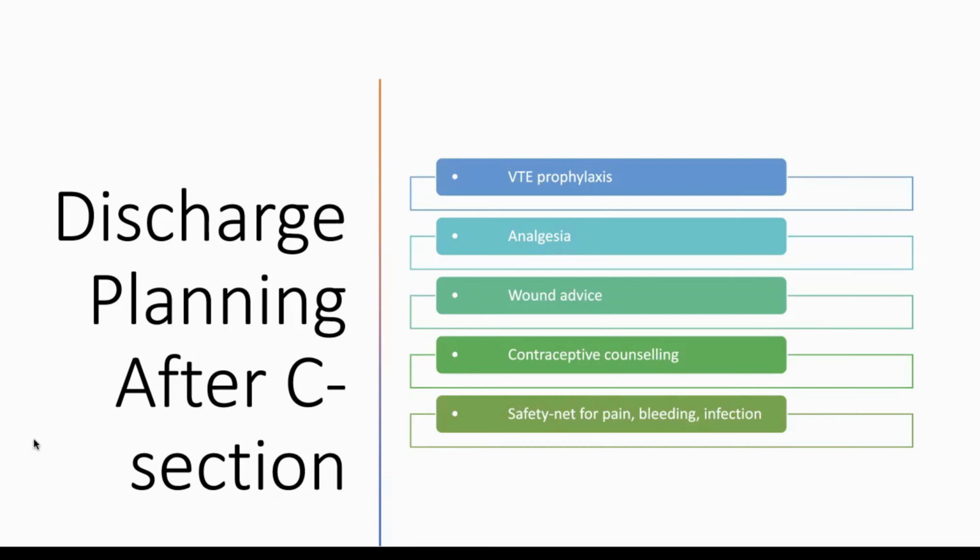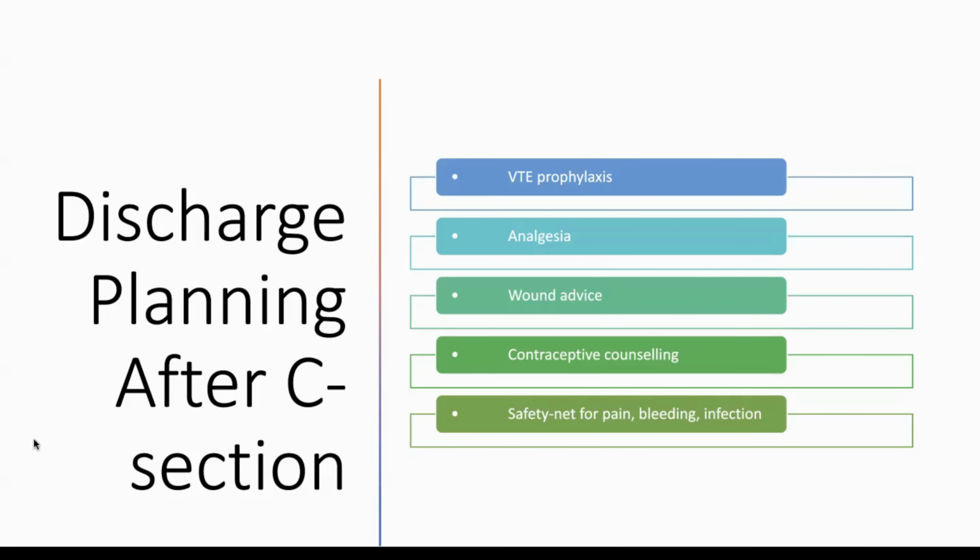Also, women post-Caesarean need to be counseled about contraception and the interpregnancy interval to avoid uterine rupture. Advice on analgesia, like I said. VTE prophylaxis risk assessment score is done when the woman gets pregnant and on delivery. Any woman who's had a delivery has a VTE risk assessment score, whether vaginal or cesarean.